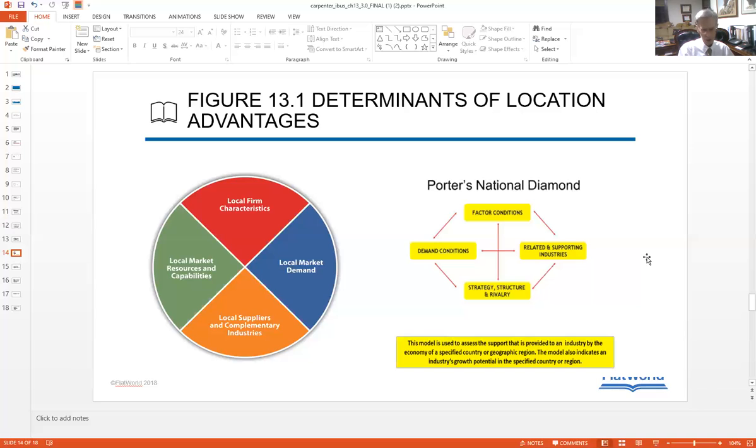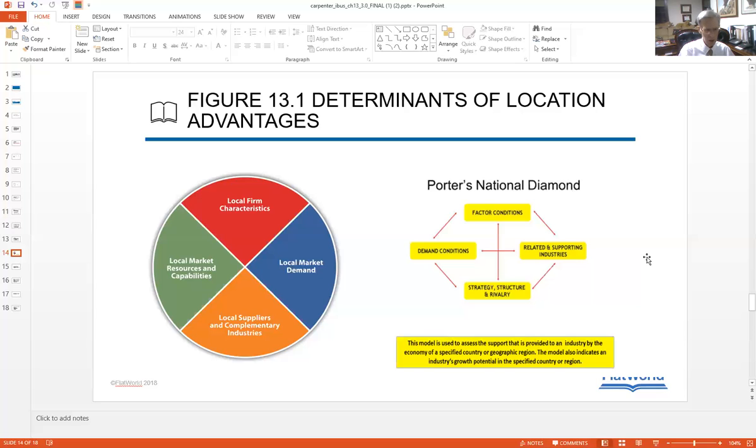So very often, we're not just interested in firms as they are when they're mature, but rather as they're growing, as they're developing, maybe just forming early on in the life cycle of an industry.